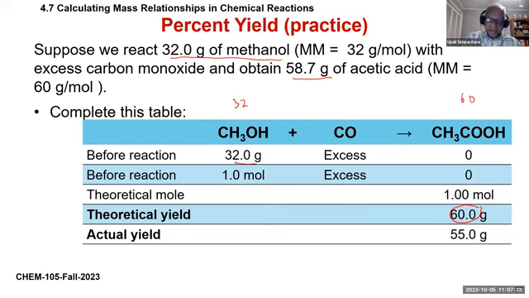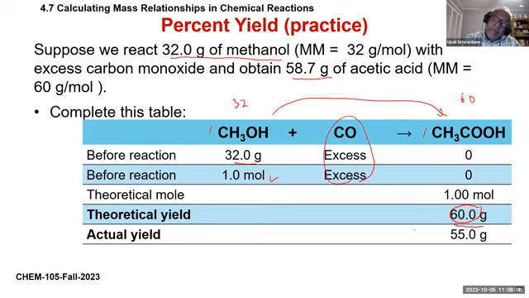So 32 divided by 32, you get 1 mole. Now this is not used, excess. Now you convert, the stoichiometric calculation is starting in methanol to acetic acid, 1 to 1. Therefore 60 grams is produced. Therefore theoretical yield is 60.